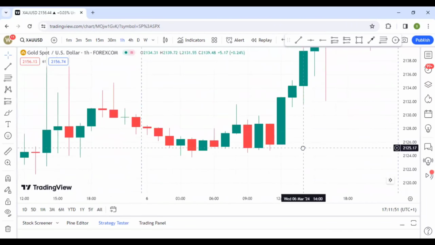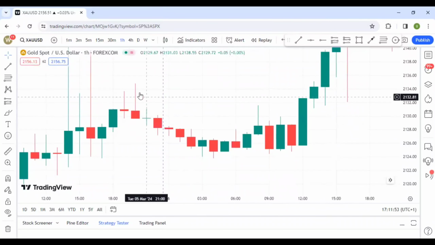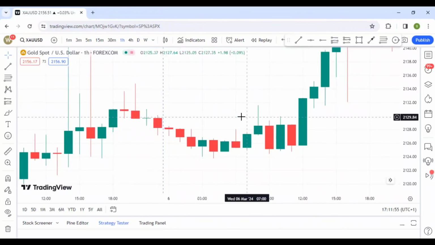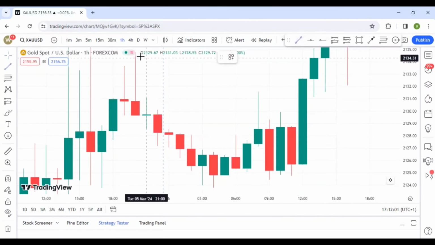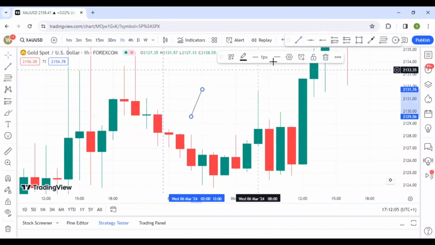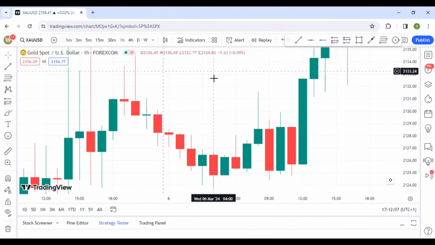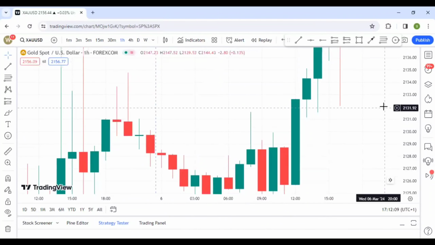If you look at it, you can see it's a downtrend already. Let's use our trend line.